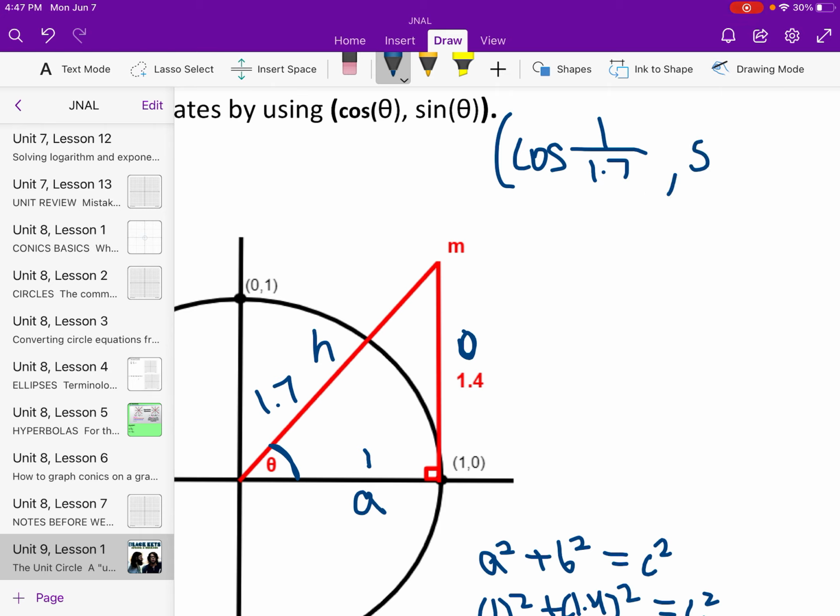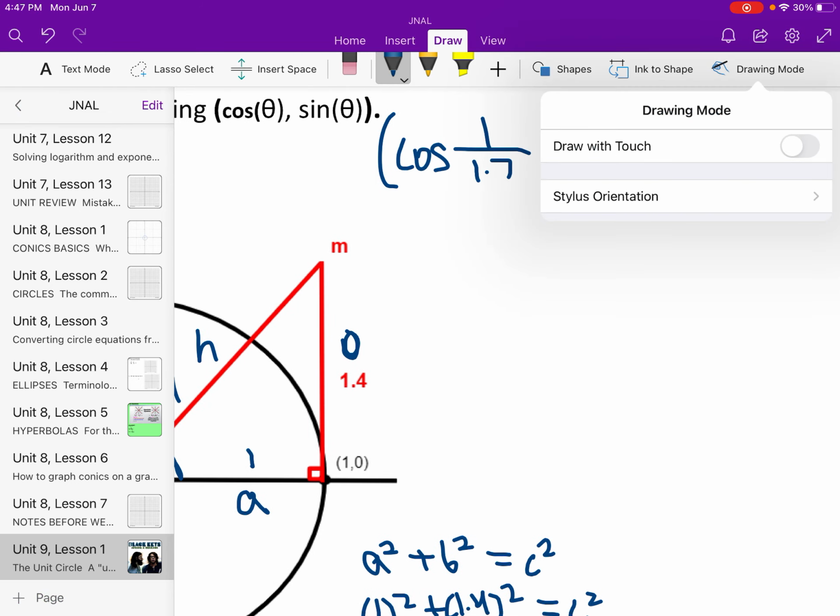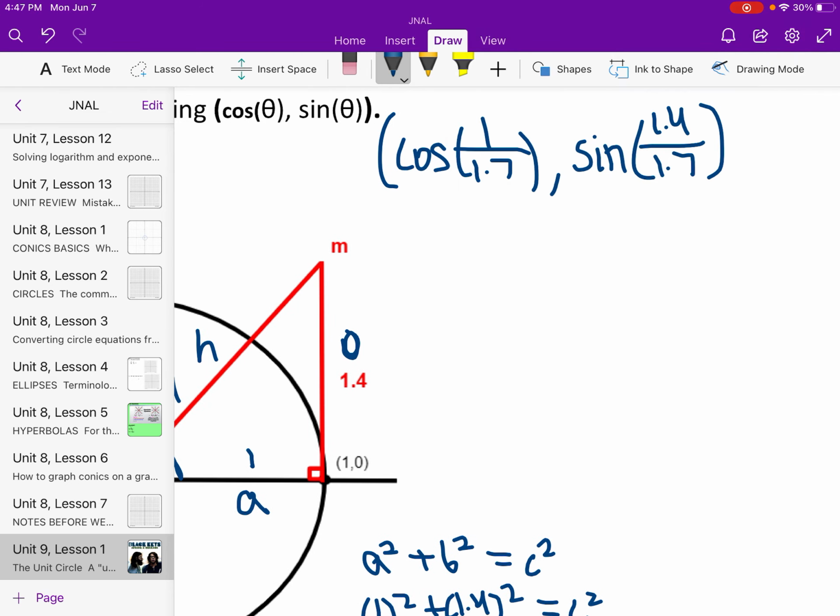And then for the y value, sine, we use the SO part, 1.4 over 1.7. Okay, that's what we're going to be looking for. So the cosine of 1 divided by 1.7 is, rounding to the nearest tenth, well, actually, that would really just be 1.